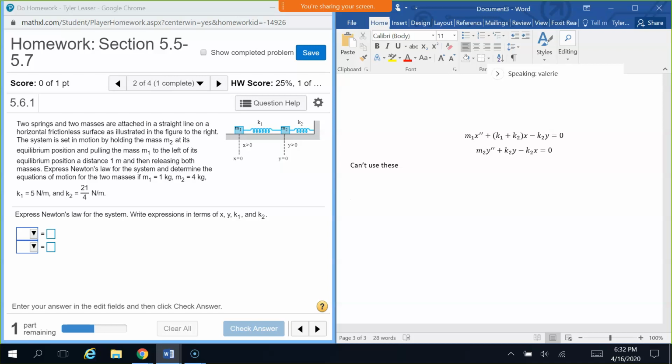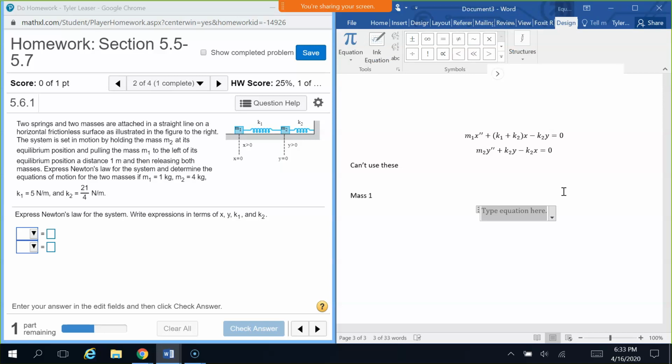So the way to do these is to separate them out into the 2 different masses, and let's focus on mass 1 first. If we're looking at just mass 1, only one thing is interacting with that mass, and that's the K1 spring.